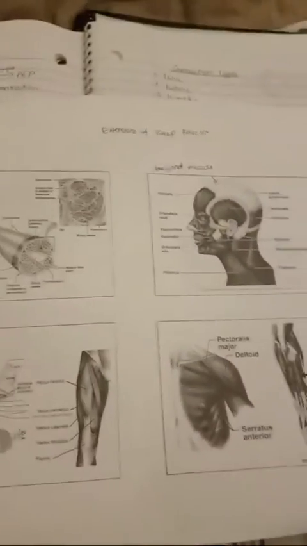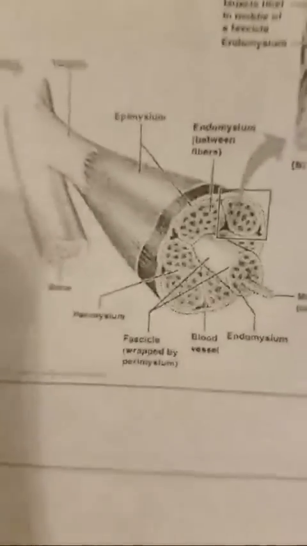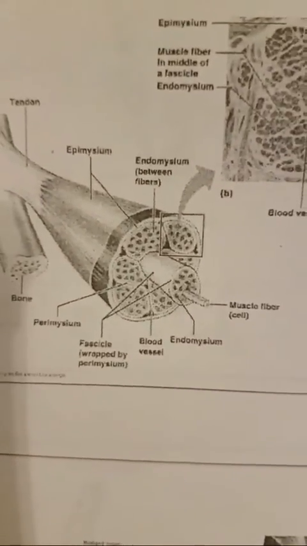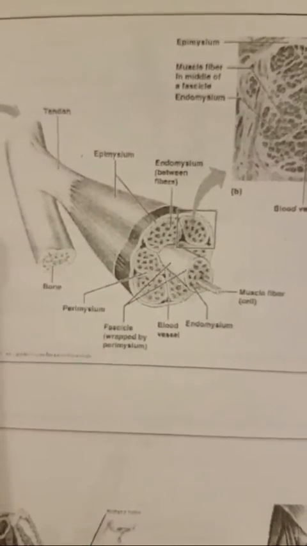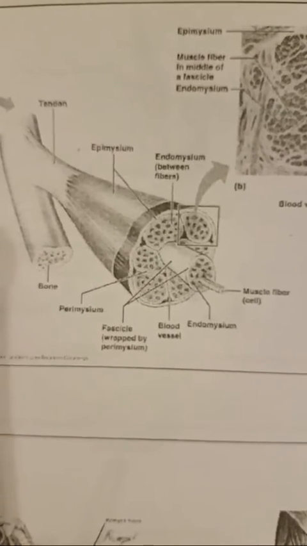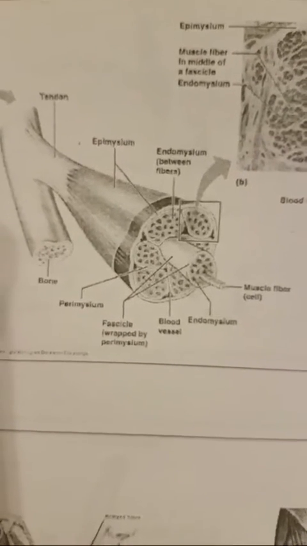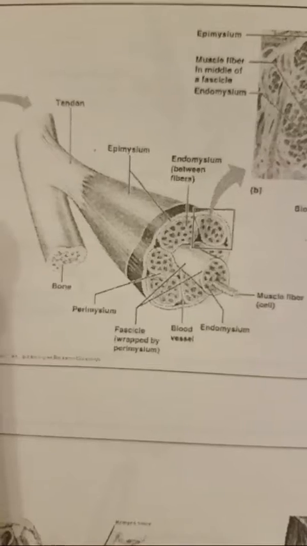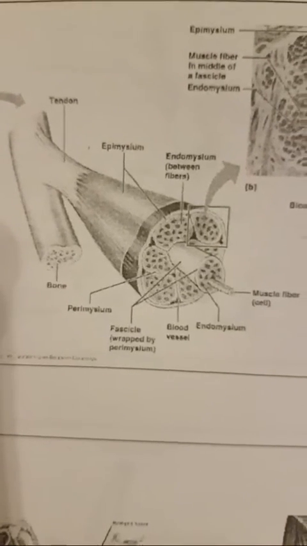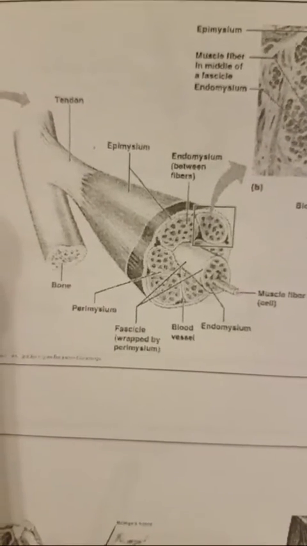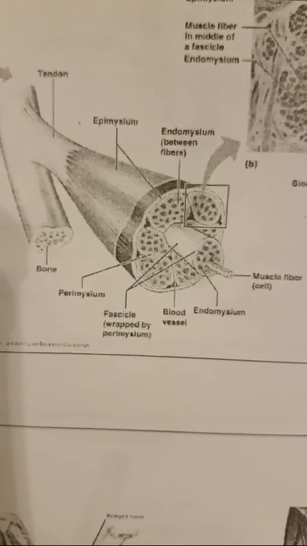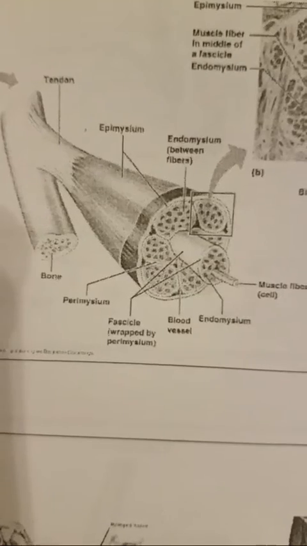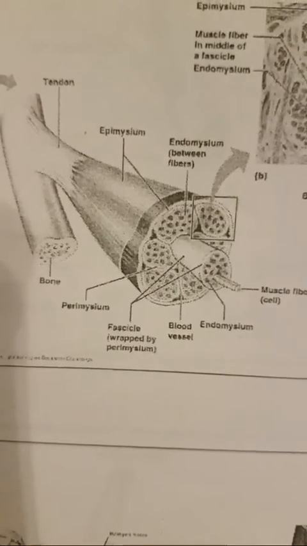These are extensions of deep fascia. Okay, so we have the tendon, epimysium, and endomysium, which are between fibers. We have the bone, perimysium. The fascicle is wrapped by perimysium.